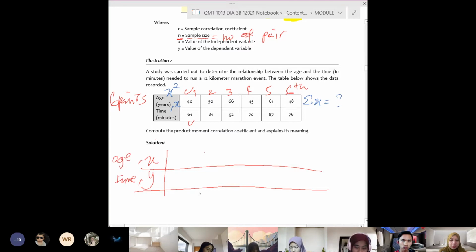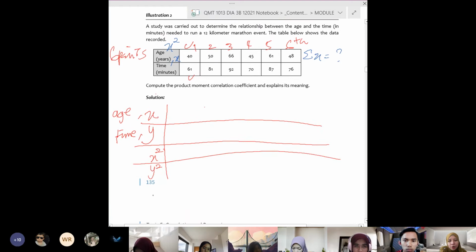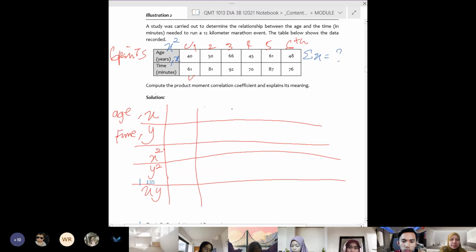After you identify your X and Y values, next is to find out your X square values and your Y square values. Is that all? No, we have another one, which is XY. We also need to find out our XY value. I want you to complete the table first in order to be done with the calculation of product moment.